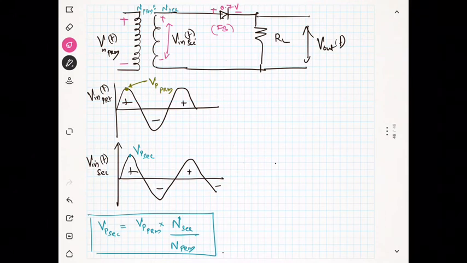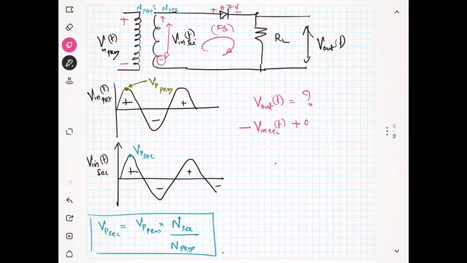What is the output voltage V out of t? That is the question. I can write the Kirchhoff law here. I am starting from here: minus V in secondary of t plus 0.7, then the current is going down during the forward bias, so plus V out of t, this is equal to 0.